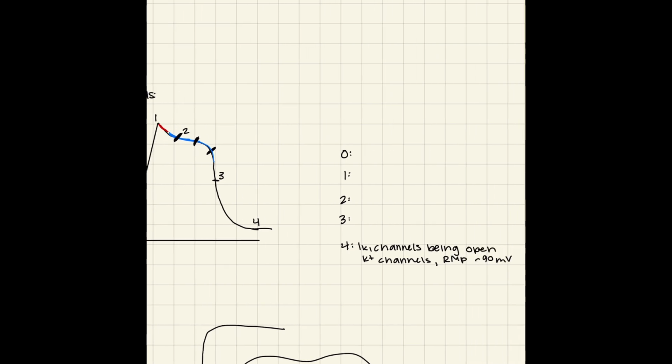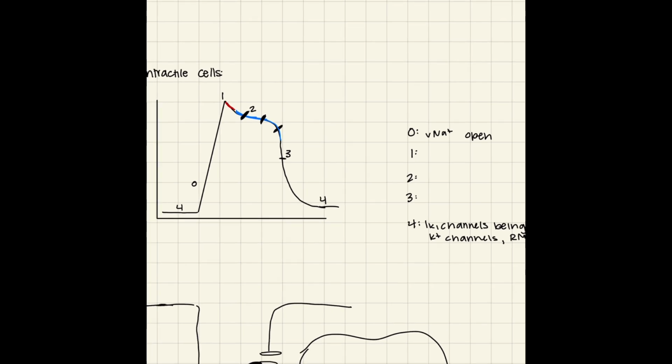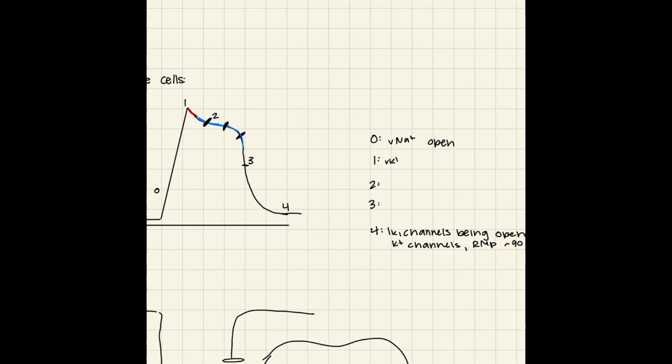Then for phase 0, voltage-gated sodium channels open when we hit threshold, or when an action potential comes into the cell. In phase 1, voltage-gated potassium channels open, and then they close really fast.